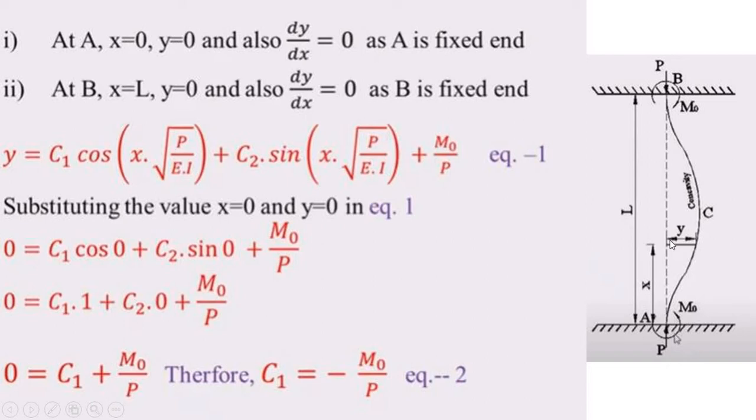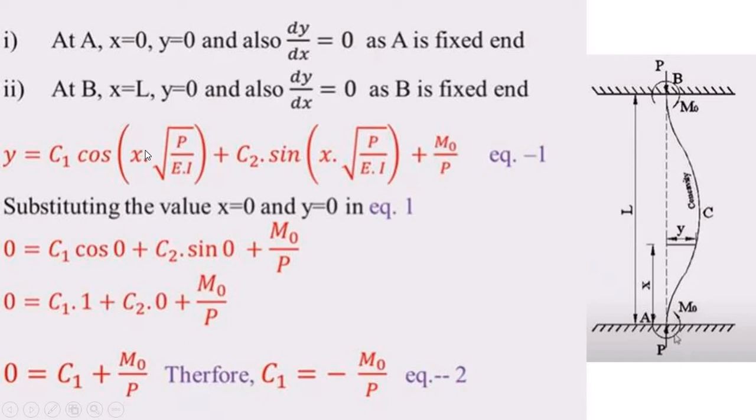Moving from point A to point B, the value of x is increasing from 0 to L, and when it reaches point B, the value of y equal to 0. So at point B, x equal to L, y equal to 0, and also the slope, that is dy by dx, equal to 0.